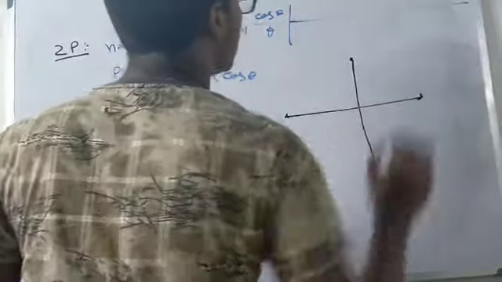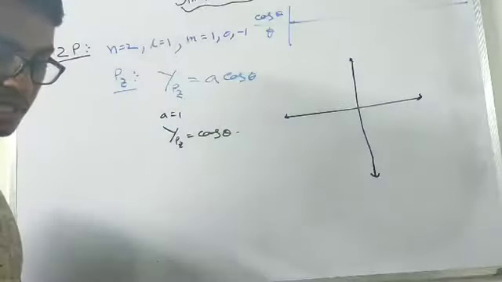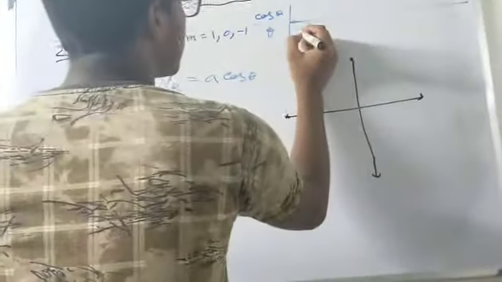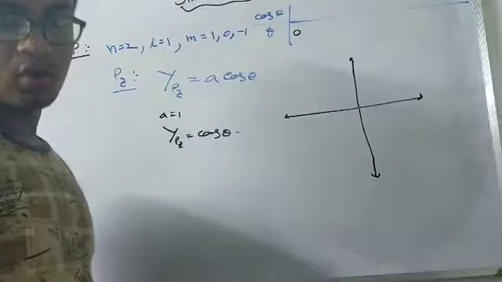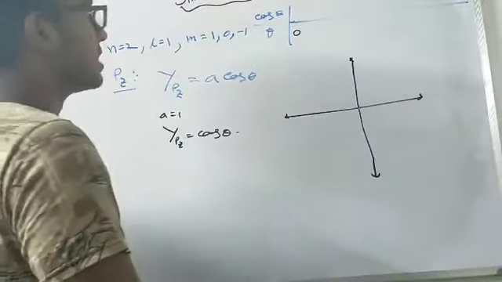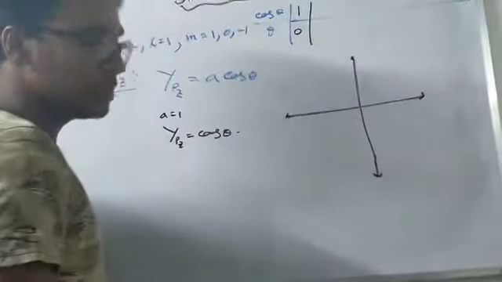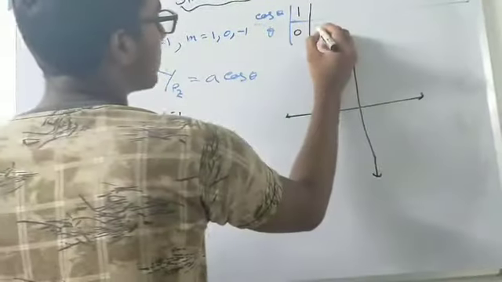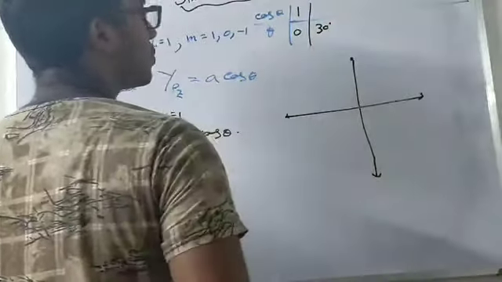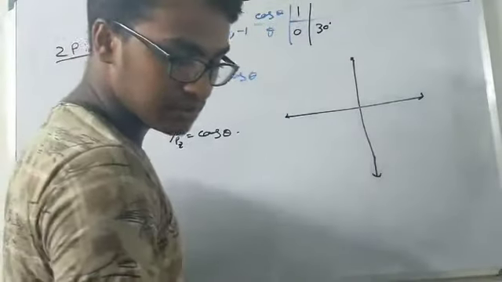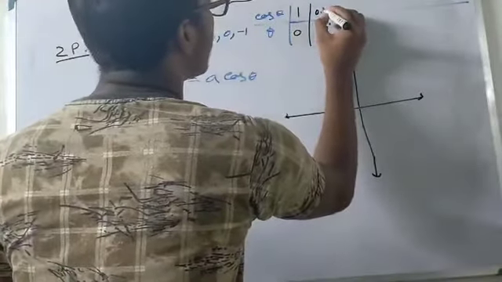If theta equals 0, the value of cos theta is 1. If theta equals 30 degrees, the value is 0.85.